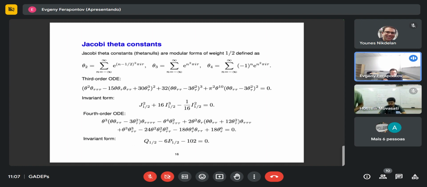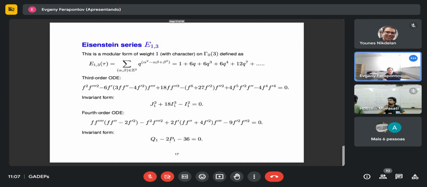Okay, further, a few more examples. Eisenstein series E13. Actually, this example will appear later in the classification of integrable Lagrangians. In fact, through this example, I became interested in modular forms.